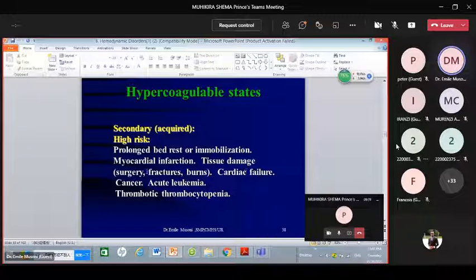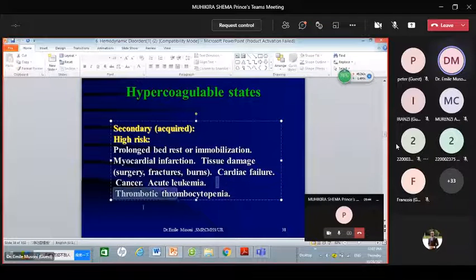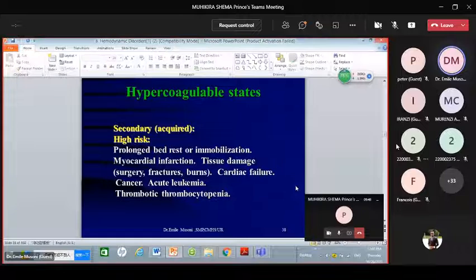Tissue damage in the case of the myocardial infarction, surgery, fracture and burns. Also cardiac failure, some cancer. They can cause hypercoagulability, which leads to blood clot formation.